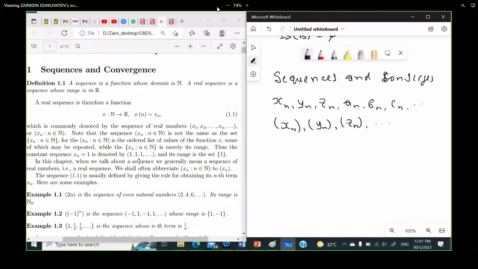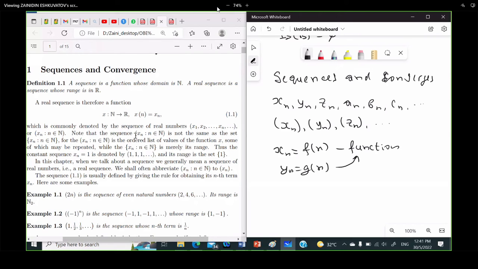Now, this xn, I can say it is f of n, because f is a function and n is in the natural numbers, so this is a function. For example, yn I can say is g of n, also a function. Its domain is the natural number set, and its range is in the real numbers.